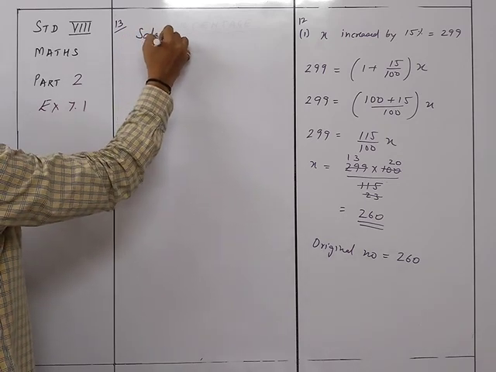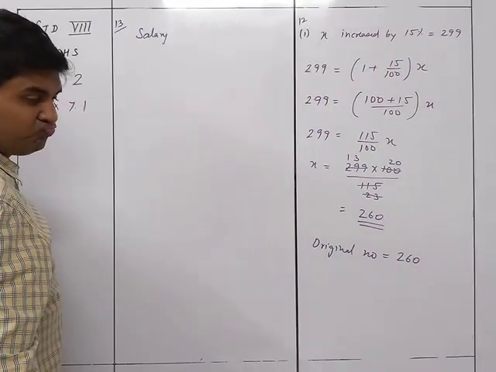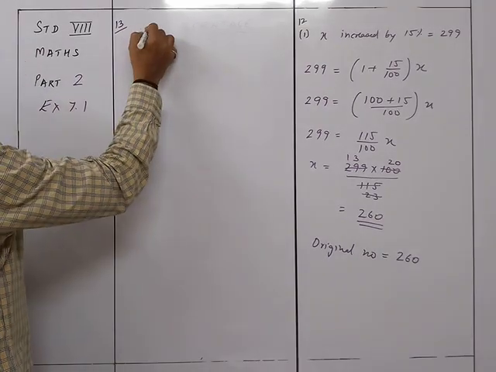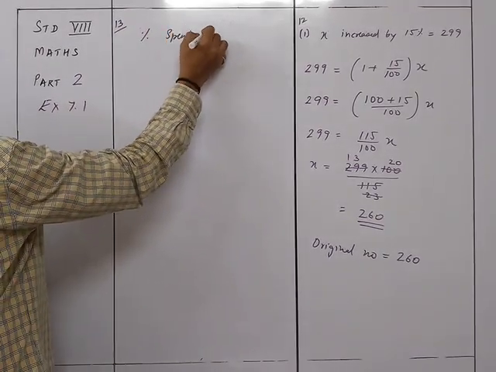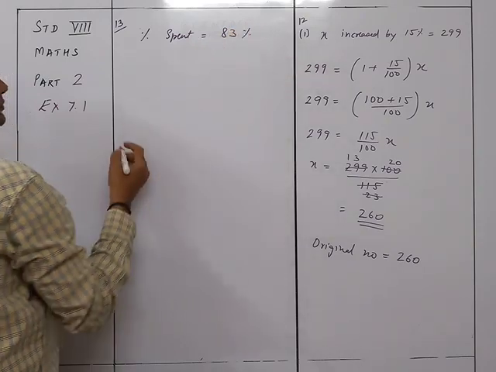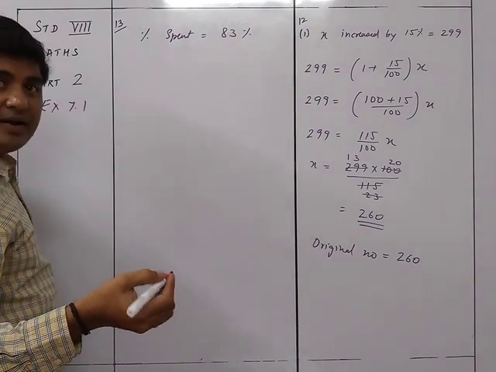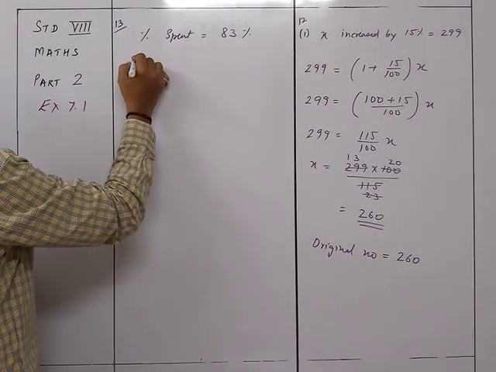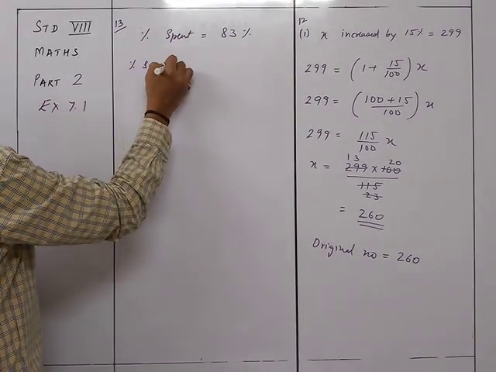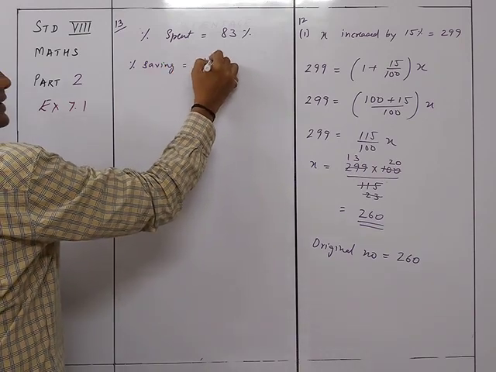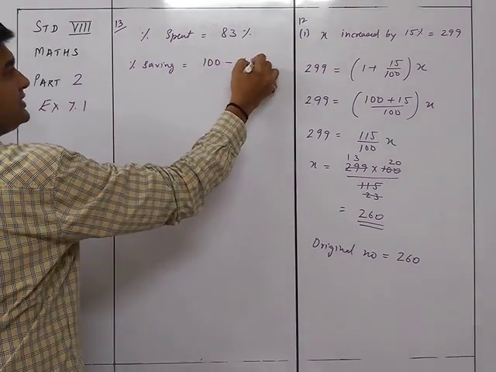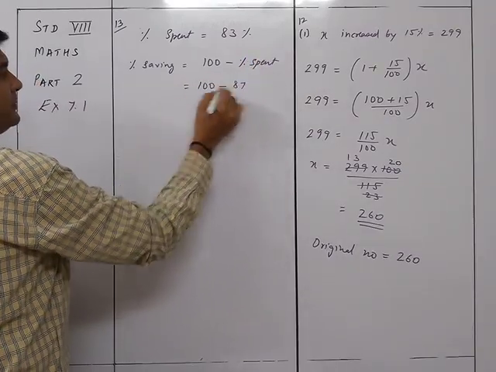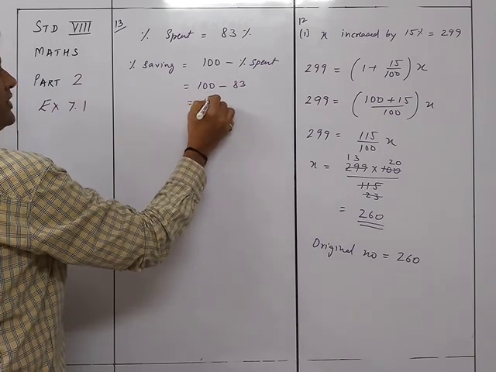Percentage spent is equal to 83%. Of course 100 is the total salary, so we need to find out the savings. Percentage saving is equal to 100 minus percentage spent, which is 100 minus 83, equal to 17%.